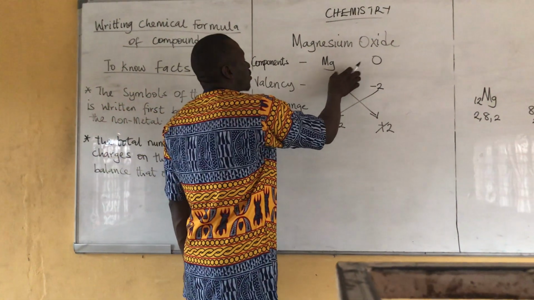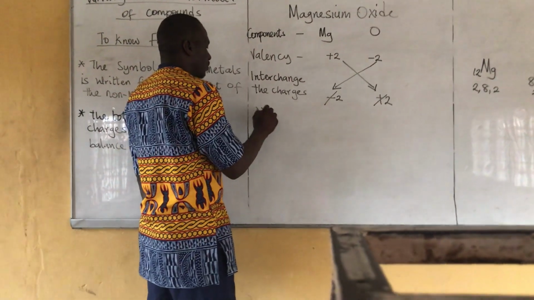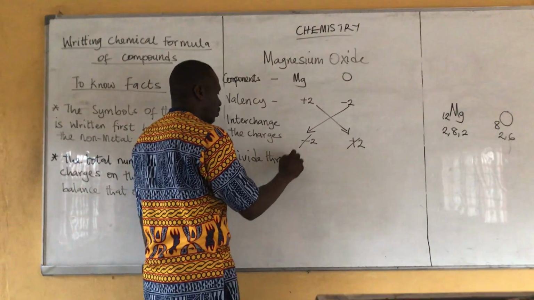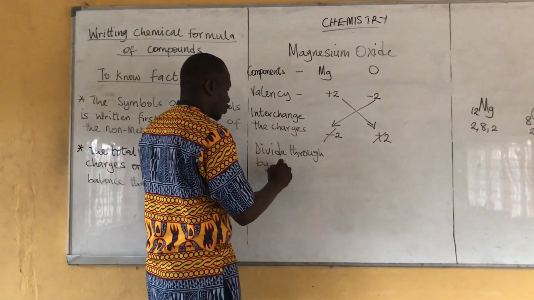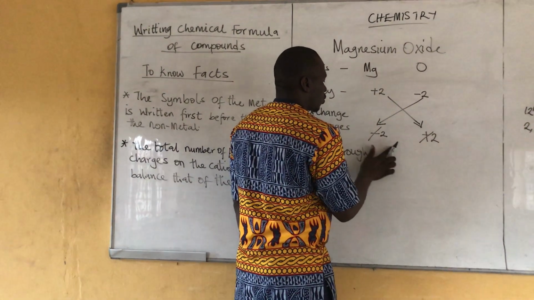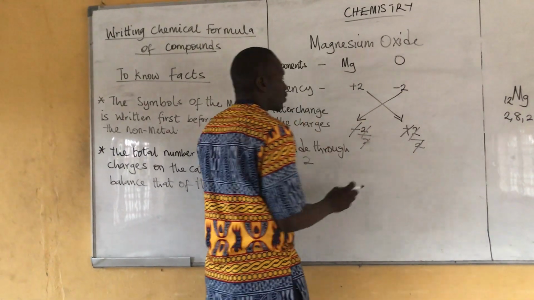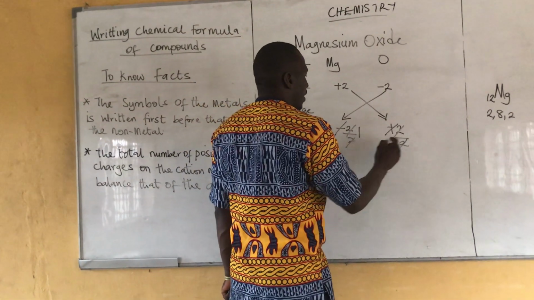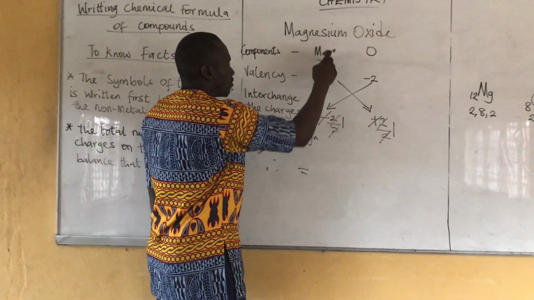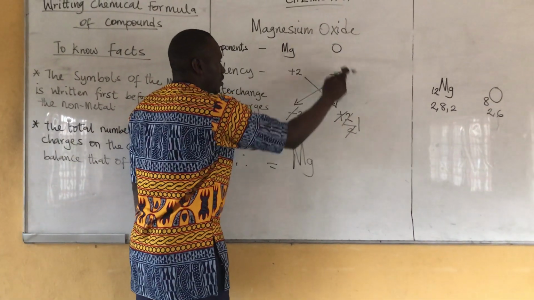Now, because both of them have equal valency, you divide through by 2. Therefore, having 1 left here, our formula is magnesium carrying 1 and oxygen carrying 1.